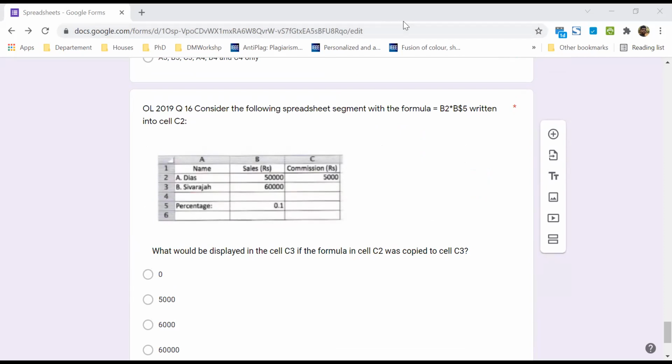Okay, let me start. Now, what do we have to do? What would be displayed in cell C3? Cell C3, that means here. Let me see what will happen. That's the question. C3.